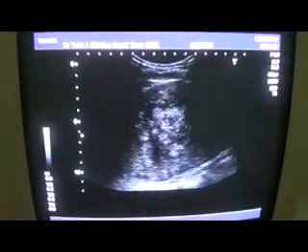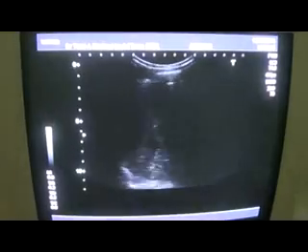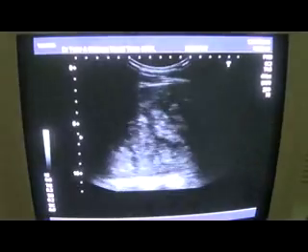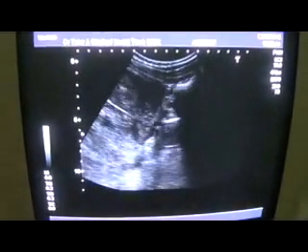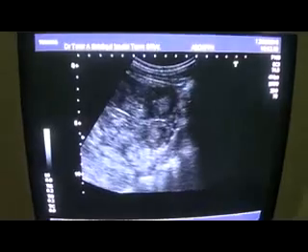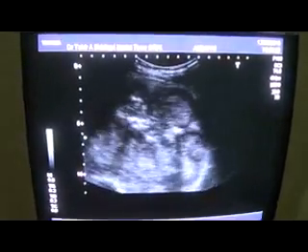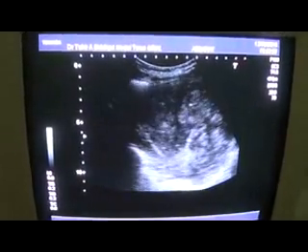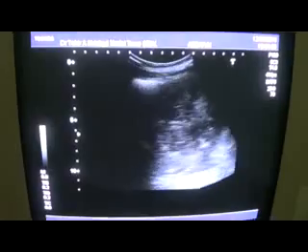This mass is seen in the region of the left lumbar region, and then it extends downwards and medially. This is the transverse section of the mass, and it extends towards the midline.